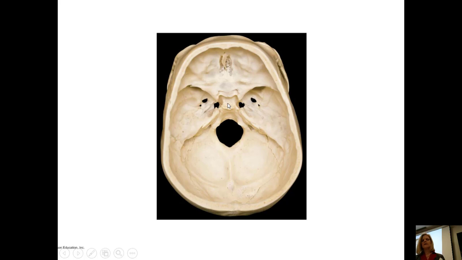This is called the sphenoid bone. The whole thing here is the sphenoid bone. And in the center of the sphenoid bone is a little U-shaped seat that you can actually stick your finger right in there. Do you see that there?